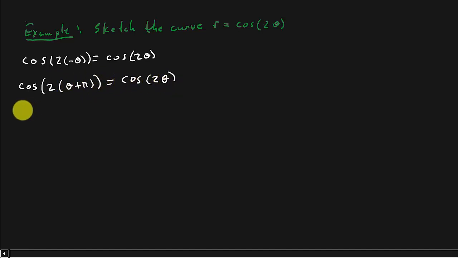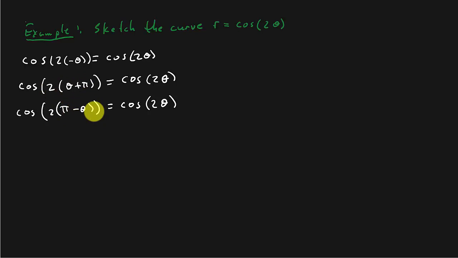Like I said, I'm not going to show you all the work. And then cosine of 2 times pi minus theta, that would also give us cosine of 2 theta. And you can go and fill that in. On these two, you would just distribute the 2, and then you would have to use your sum and difference identities for cosine, just like I did up there with sine. It's the same thing. Okay?